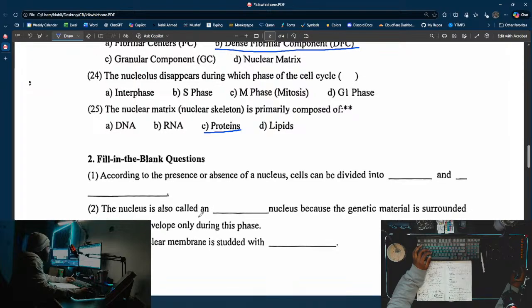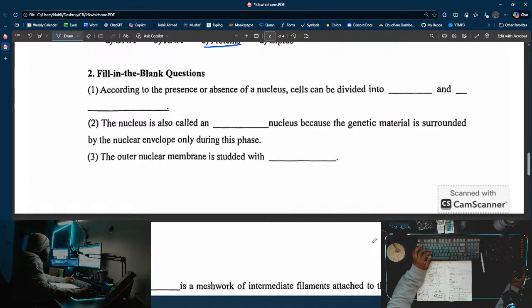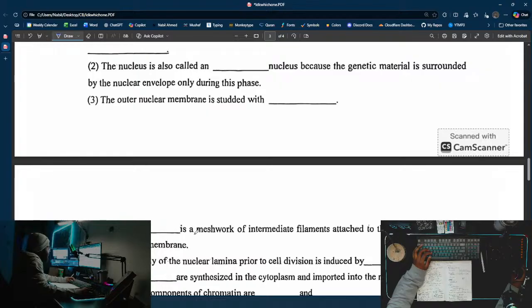The nucleus is also called an interphase nucleus because it is seen by this phase. The outer nuclear membrane is studded with ribosomes. The nuclear lamina is a mesh network of intermediate filaments on the inner nuclear membrane.